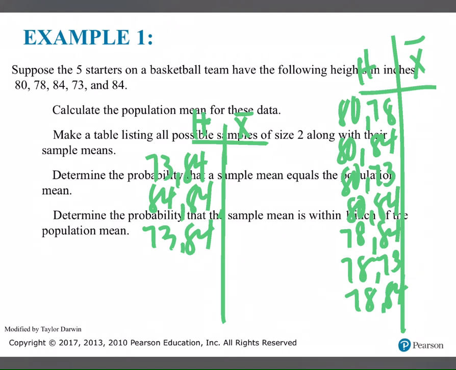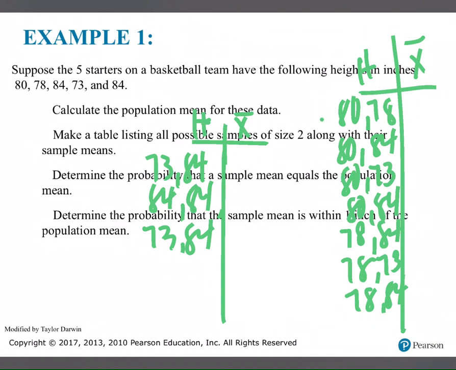Then I am going to average all of these together. There are 10 samples: 1, 2, 3, 4, 5, 6, 7, 8, 9, 10. Let's go back to 80 and 78.